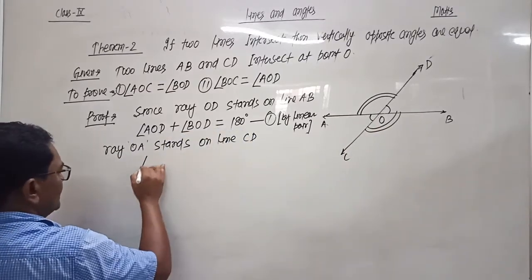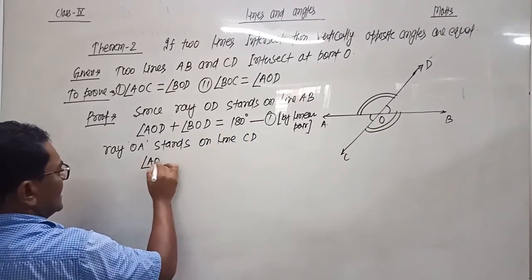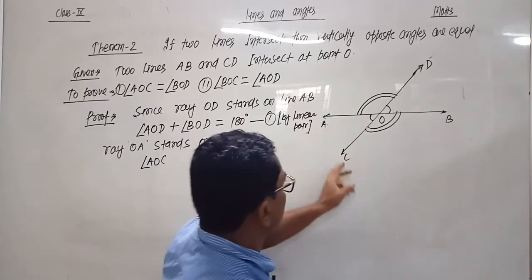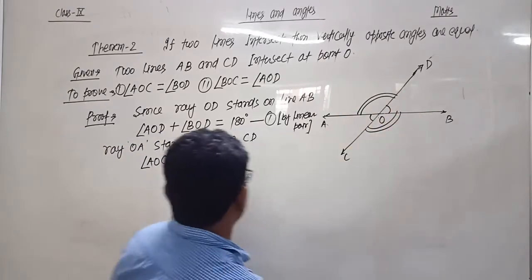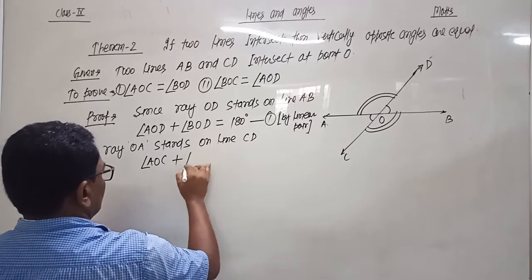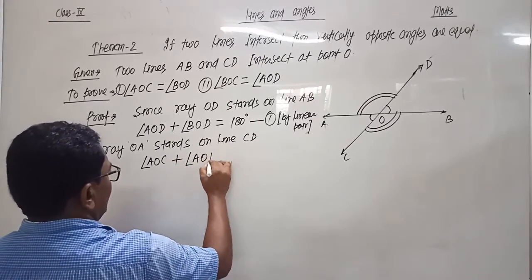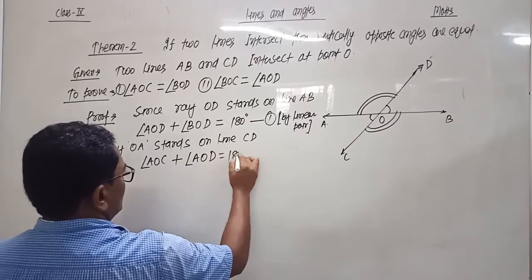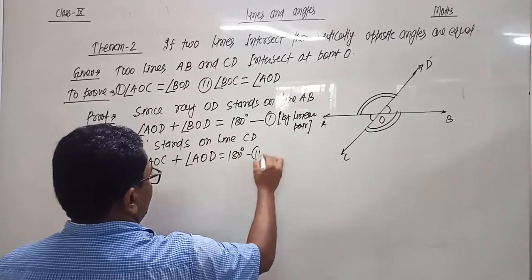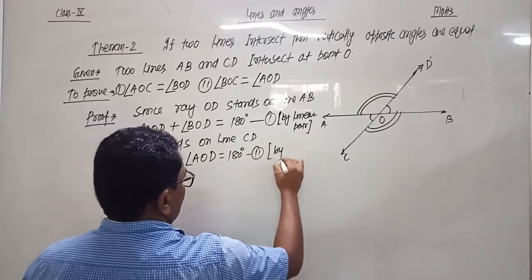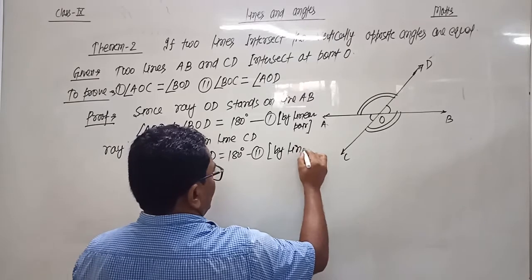So we can write by linear pair that angle AOC plus angle AOD is again 180 degrees, and this is again by linear pair.